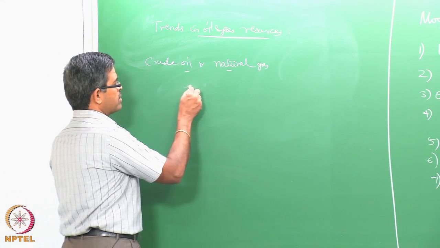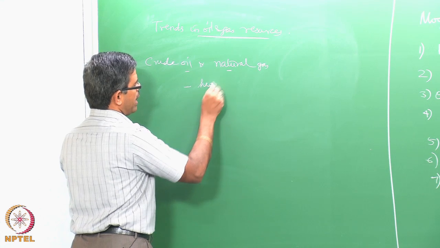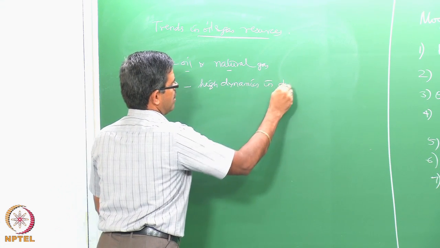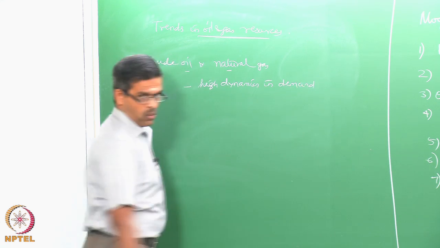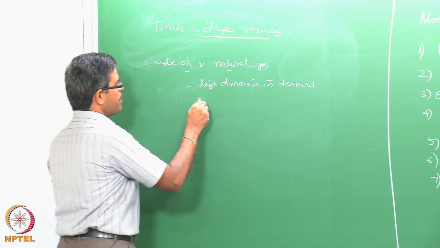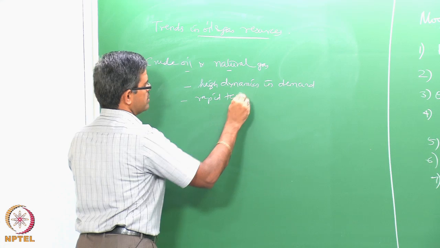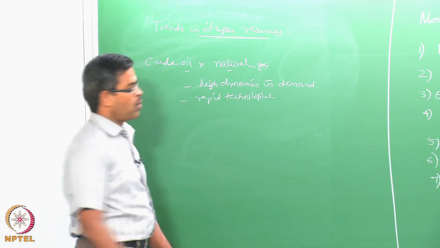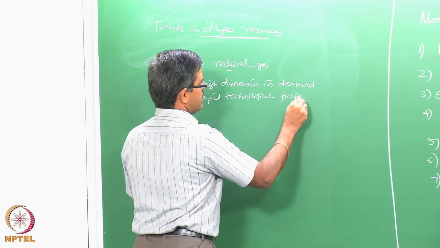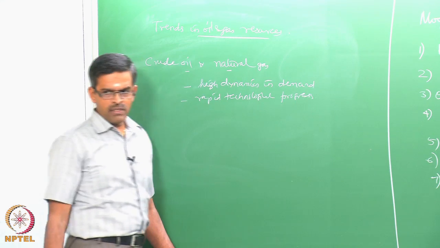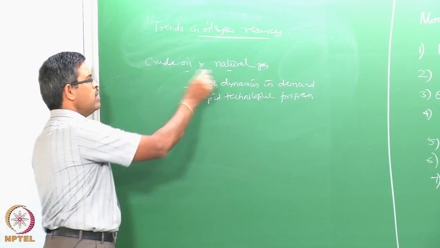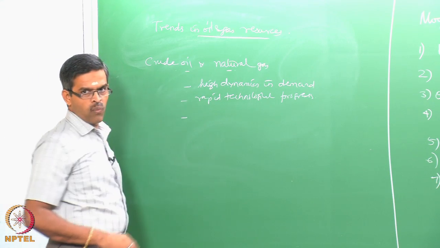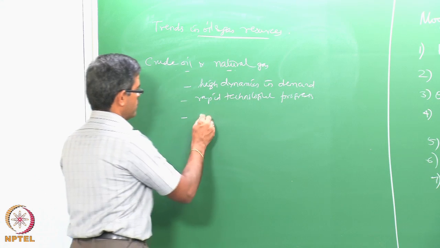They have got to cater to high dynamics in demand, and therefore, they have to grow. There is a rapid technological progress which is happening in terms of exploiting the resources of crude oil and natural gas. We have also seen there is a wide geography of exploration going on.